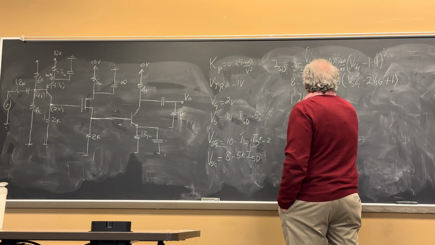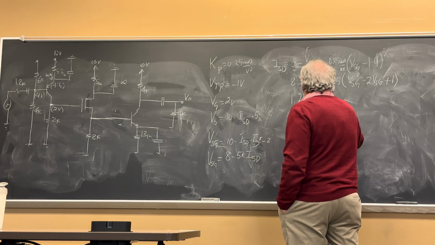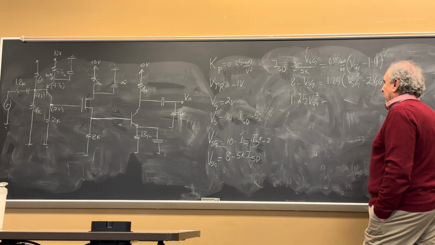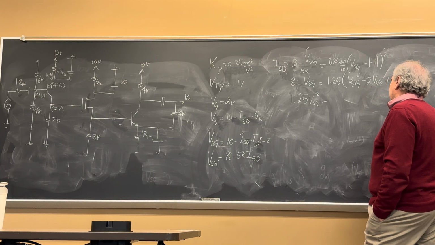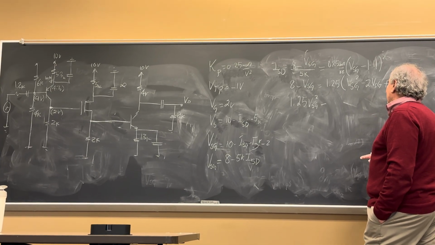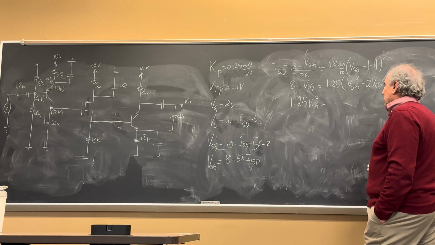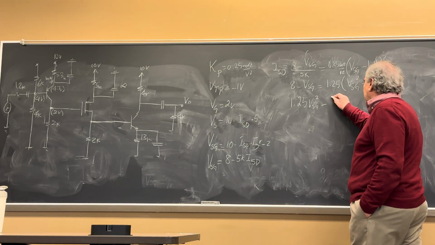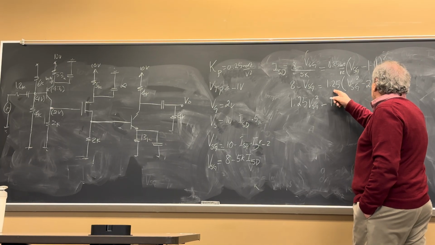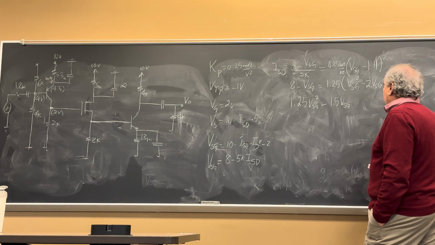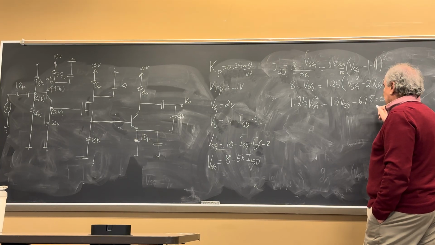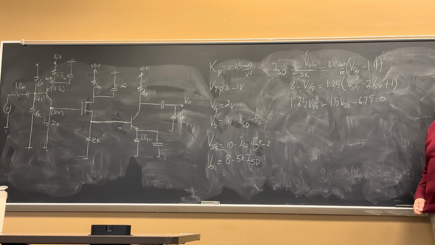So 1.25 VSG squared, then 2 times this one, 2.5 plus 1 minus 1.5, 5 VSG, and 1.25 plus, it'll be 6.75 equals 0. Solve that later.